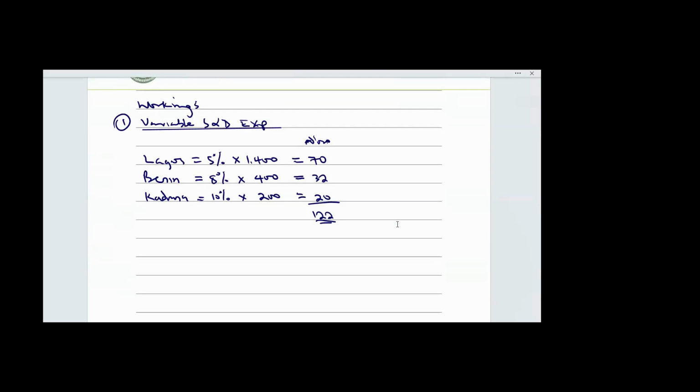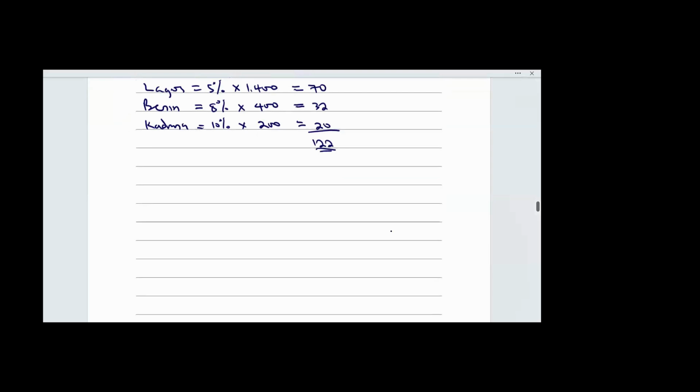But in the question, we have something that is common to them, which is the unit. Because the examiner told you in the first paragraph of the question that the company will produce and sell 100,000 units, distributed 70 to Lagos, 20 to Benin, then 10 to Kaduna. That is the basis you are going to use to distribute the fixed overhead.